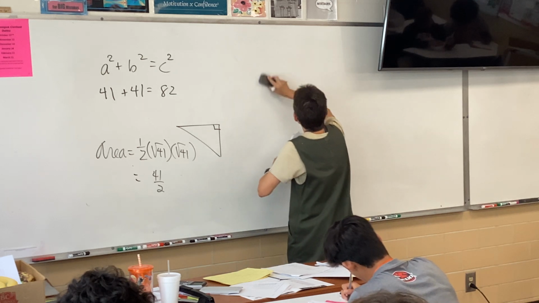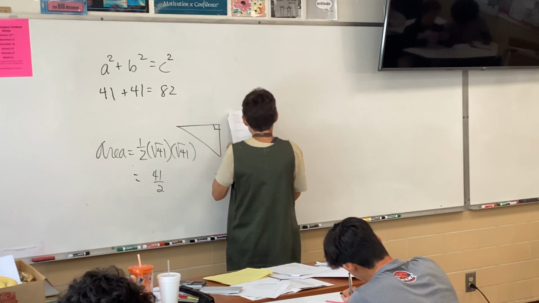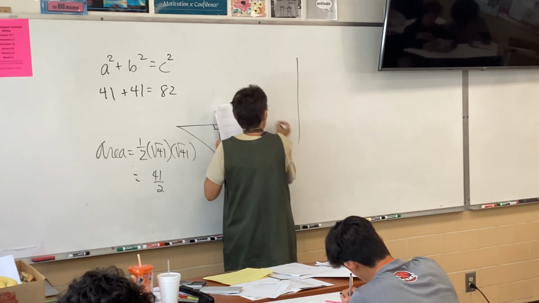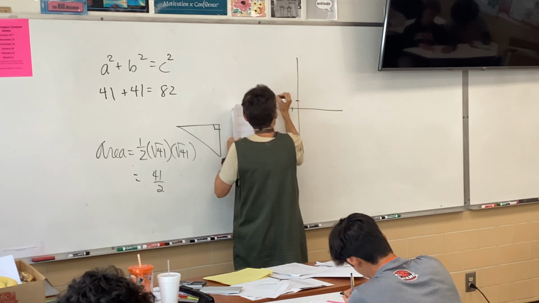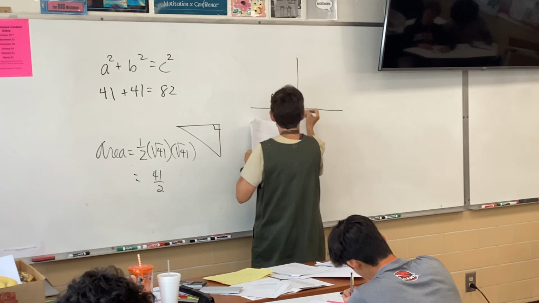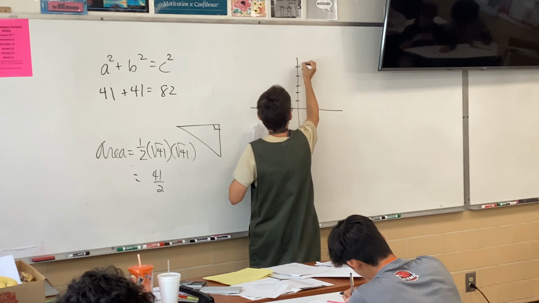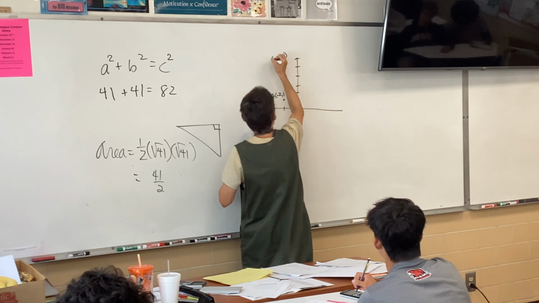And again, perimeter is going to be easy. So nobody's going to be confused by perimeter. Area is going to be a little more challenging. Or maybe not, now that I look at these numbers.